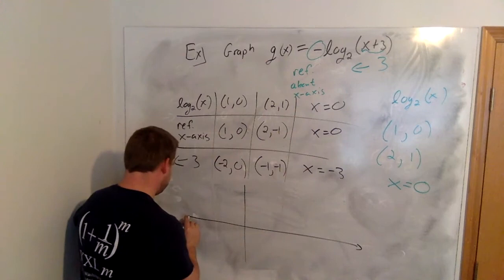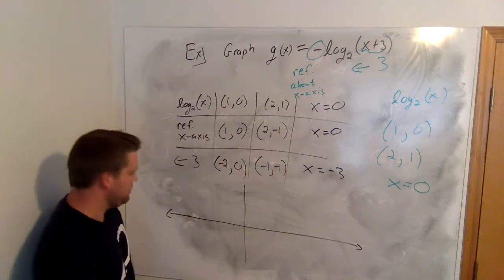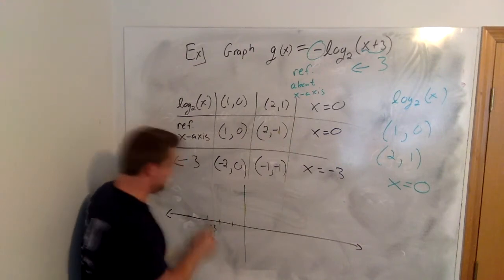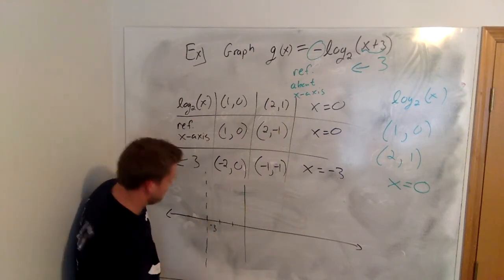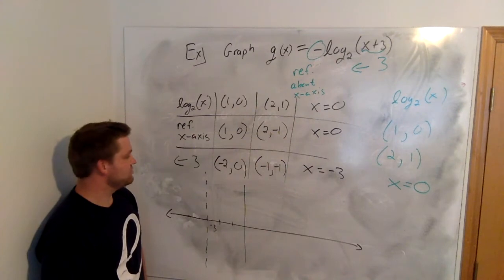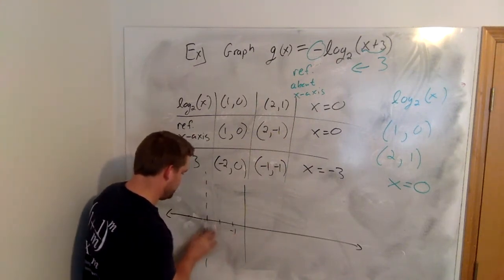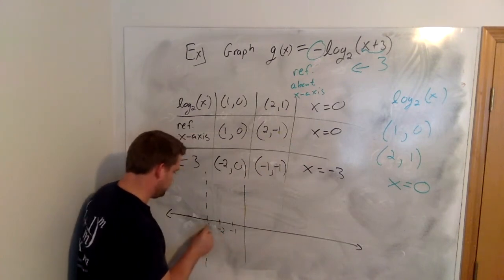What's this going to look like? Okay, so let's see, 1, 2, 3. Here's negative 3. Here's our vertical asymptote. This is negative 1, this is negative 2, this is negative 3.